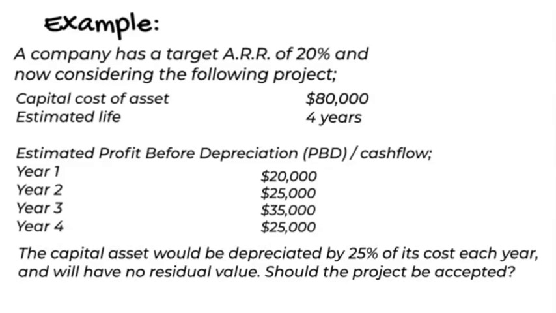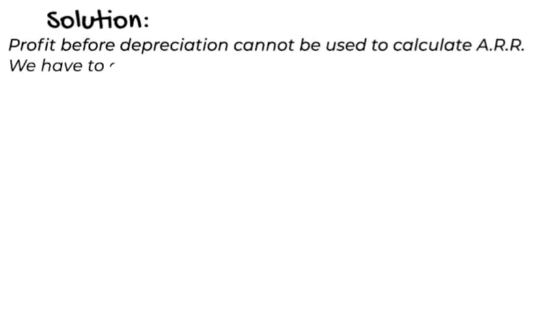Estimated profit before depreciation in year 1, 20,000, year 2, 25,000, year 3, 35,000, and year 4, 25,000. The capital asset would be depreciated by 25% of its cost each year and will have no residual value should the project be accepted. Now we move to the solution.